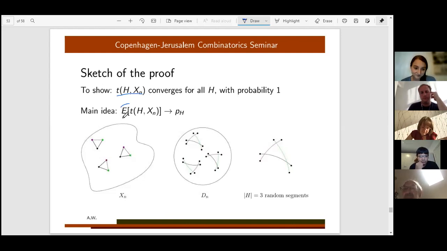But why I put it in here is because it's quite interesting, or probably easy to see, what these expectations converge to. Here's the crossing graph, right? Let's say we want to know the density of the triangles. So H would be the triangle.